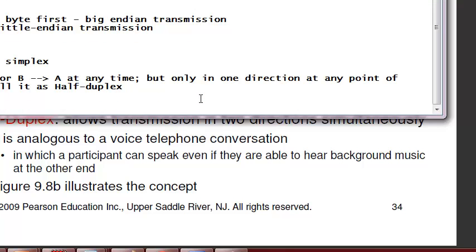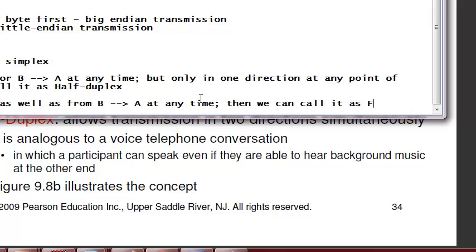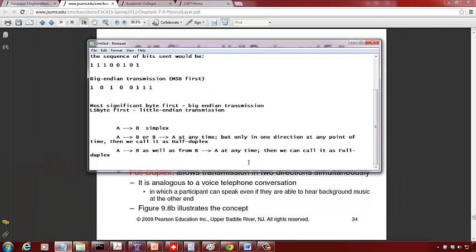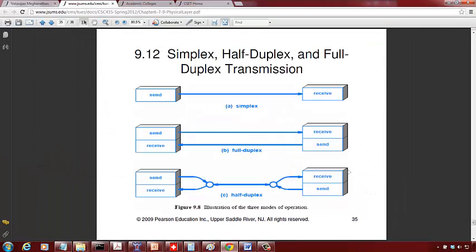Then if we can send from A to B as well as from B to A at any time, then we call it full duplex. Okay, that's what it is. As seen in the arrows, for half duplex you can send in both directions, but at any time only in one direction, whereas in full duplex, you can send and receive in both directions at the same time.